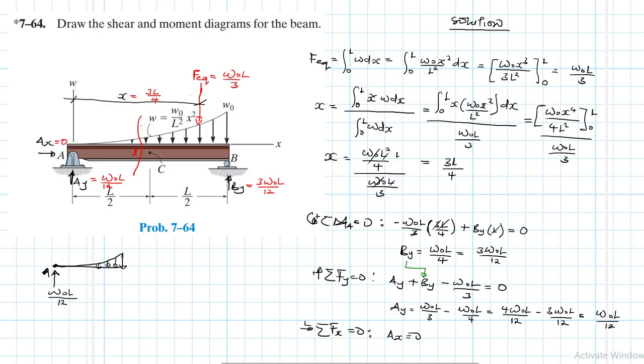And then we need, of course, the function for this load, which is W naught x squared divided by L squared.